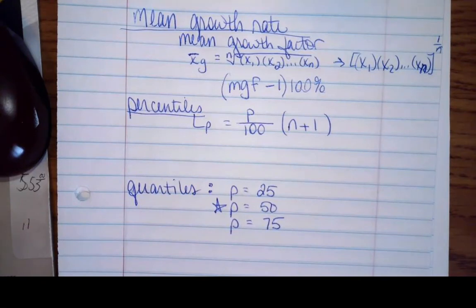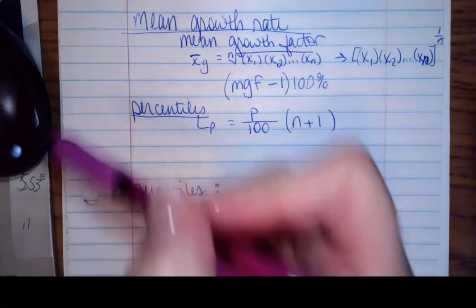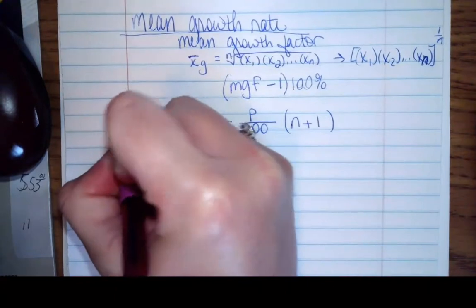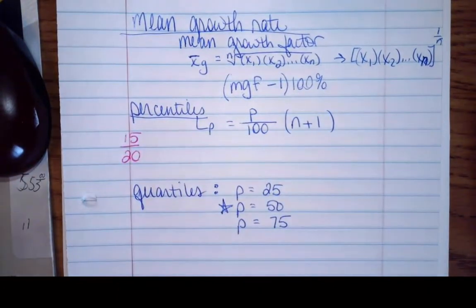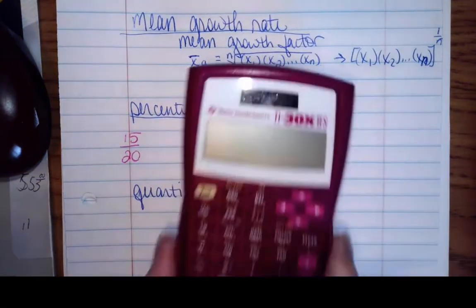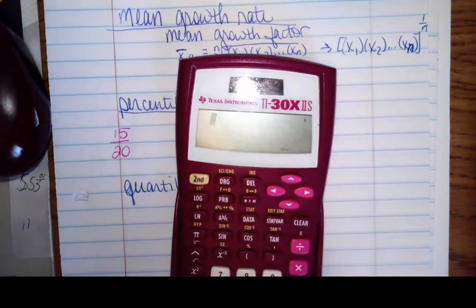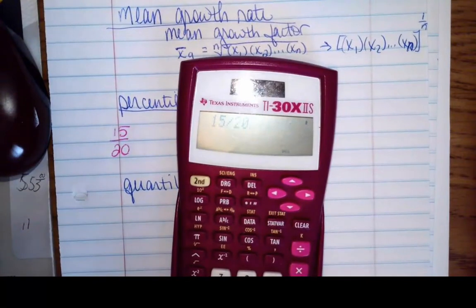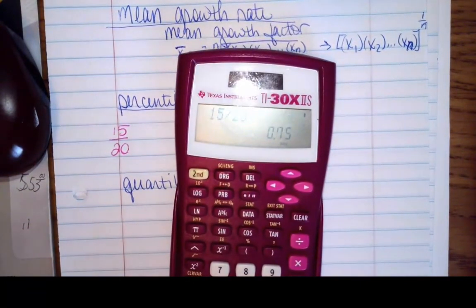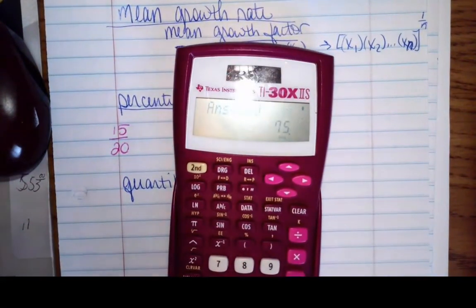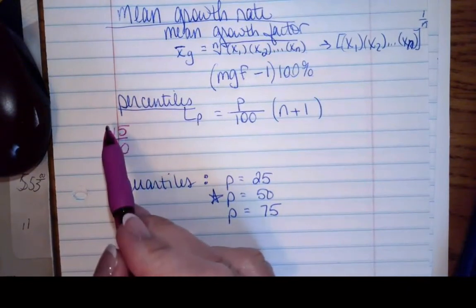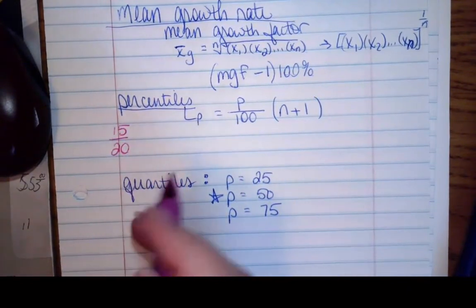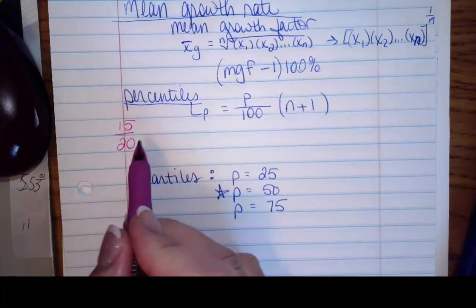So for instance, if you are taking a test and you get 15 out of 20 on your test, then what I would do is take 15 divided by 20, and I would get 0.75. We'll multiply that times 100, and you get 75%. So you got 75% of the answers correct versus 25% of the questions wrong.